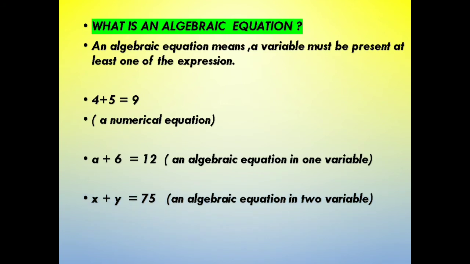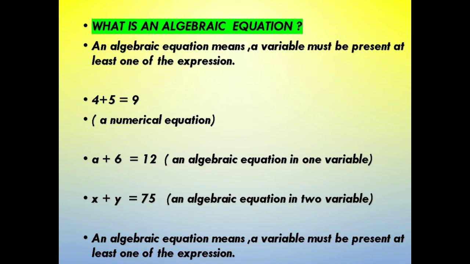Here x and y are two variables. So this is an algebraic equation in two variables. So an algebraic equation means a variable must be present in at least one of the expressions. It may be present on both sides.